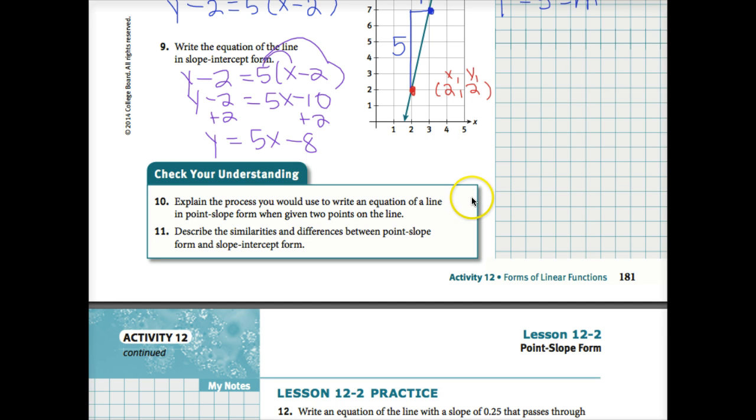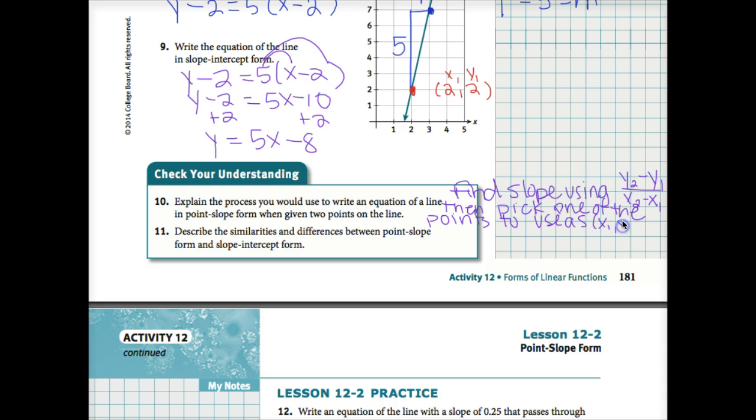So, this is where you would say, find slope using y2 minus y1 over x2 minus x1, then pick one of the points to use as x1, y1.